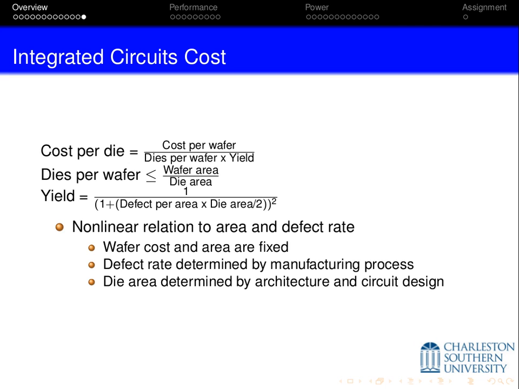If it's 10% success rate, there's gonna be a lot of defects per area. Okay, so 0.9 times the die area, which is 50 millimeters, divided by 2. Defect per area is a percentage. Oh, we gotta square this. Yeah, also you forgot the plus sign, the whole thing.